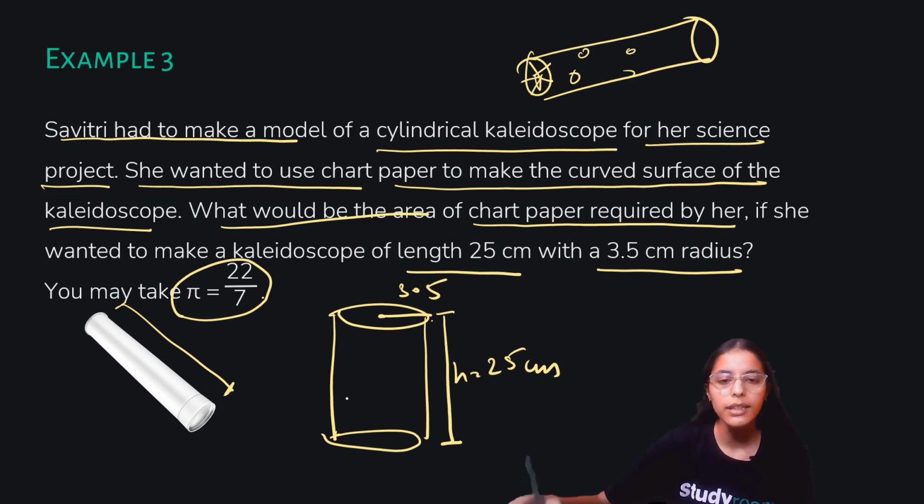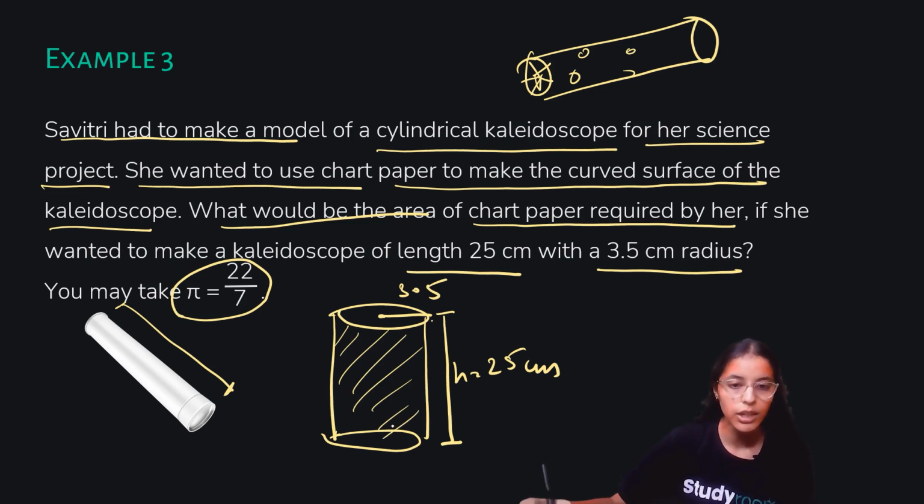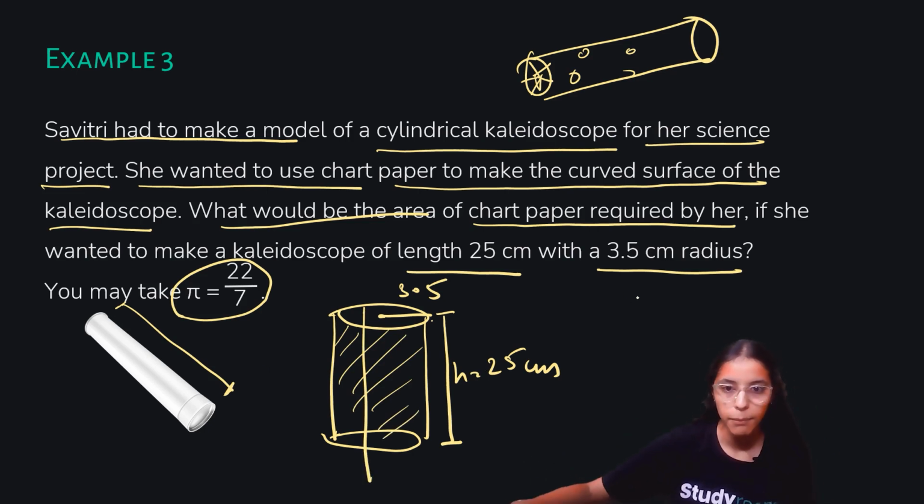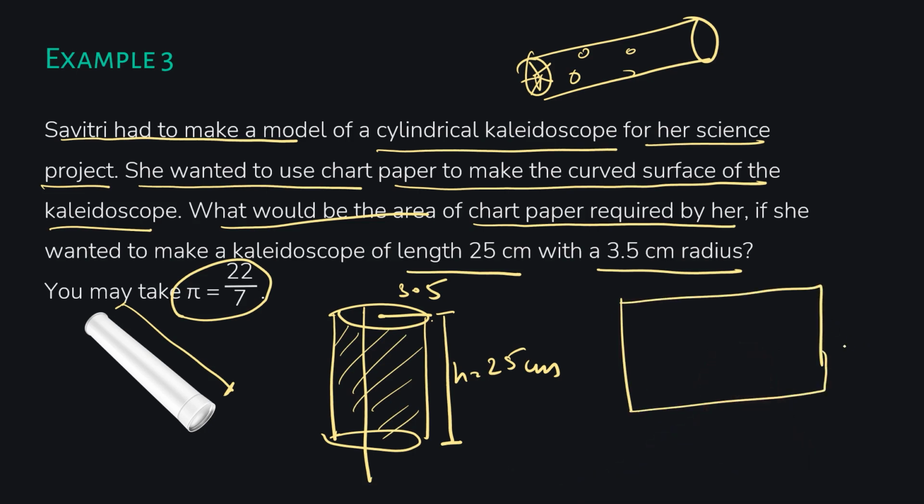Now we have to find this curved surface area, because she can make the kaleidoscope only by rolling the paper. So if we open this up, we'll get our height to be 25 and our breadth to be 2 pi r. So that is how she has made the kaleidoscope.